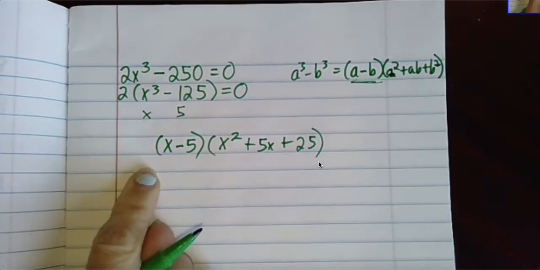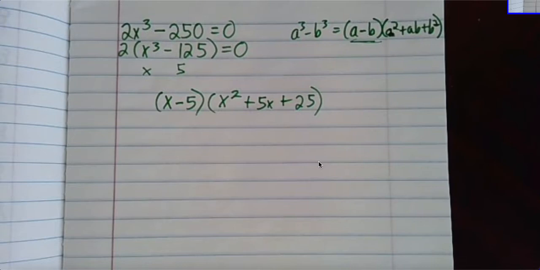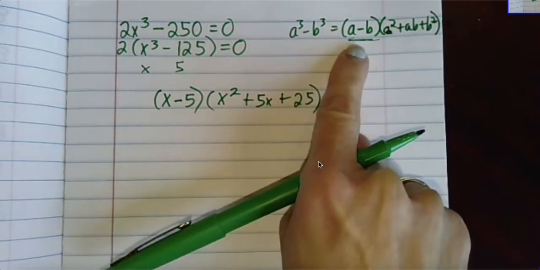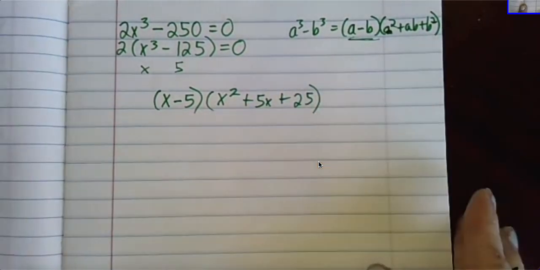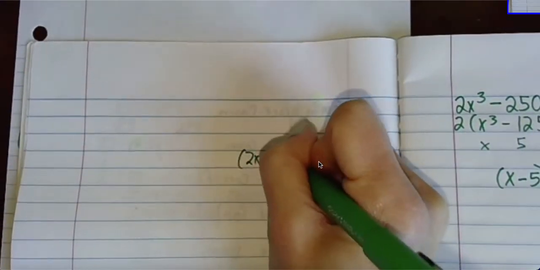Now my first answer is what? 5, because that would make that go to 0, right? x equals 5. They're all going to be like that, where one of them is easy. Every once in a while there was one where it said like 2x minus 3.